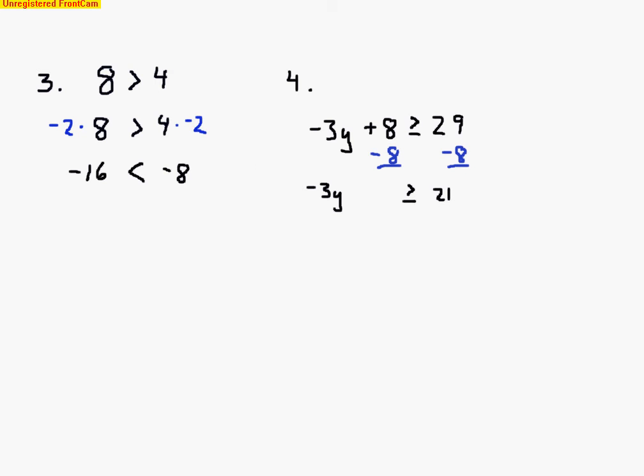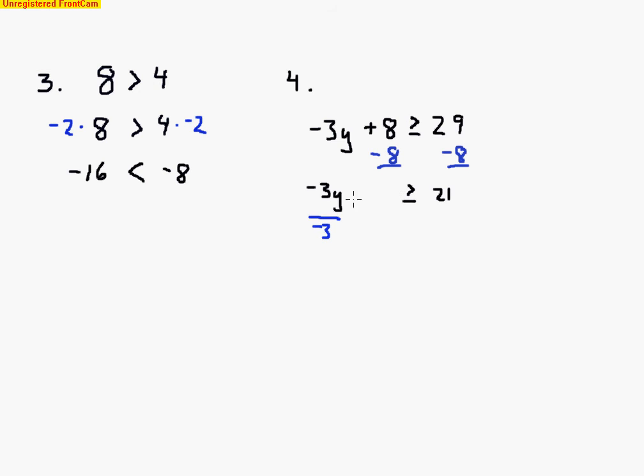Now, we need to do some division to undo this multiplication of negative 3. So we're going to divide by a negative. And so we have that same rule as we did here. When we divide or multiply by a negative, the bigger number is going to end up becoming smaller because it switches to a negative.